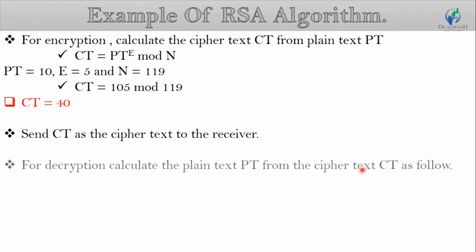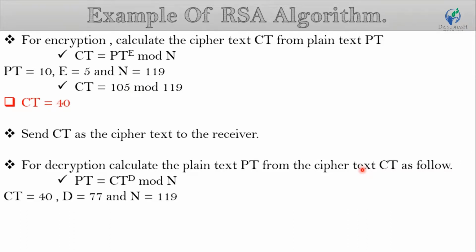So, for the decryption, we calculate the plain text PT from the ciphertext CT with the help of the following equation. So, PT is equal to CT raised to D mod n. We have the value of CT is equal to 40, D is equal to 77, and N is equal to 119.